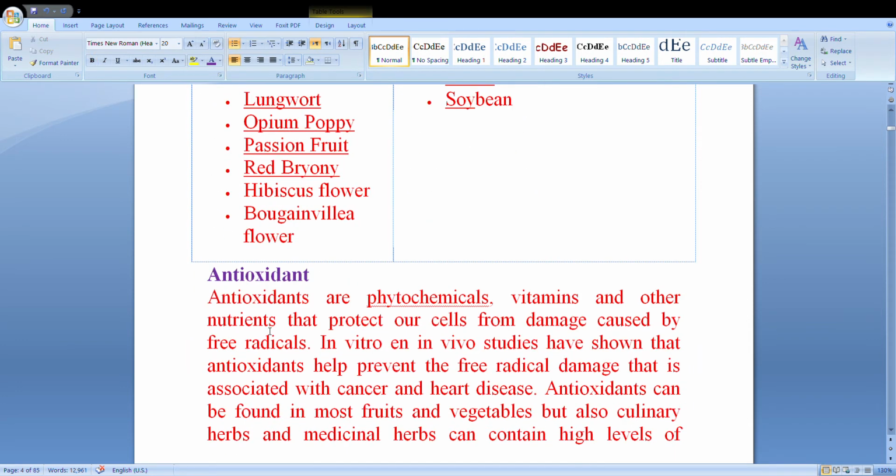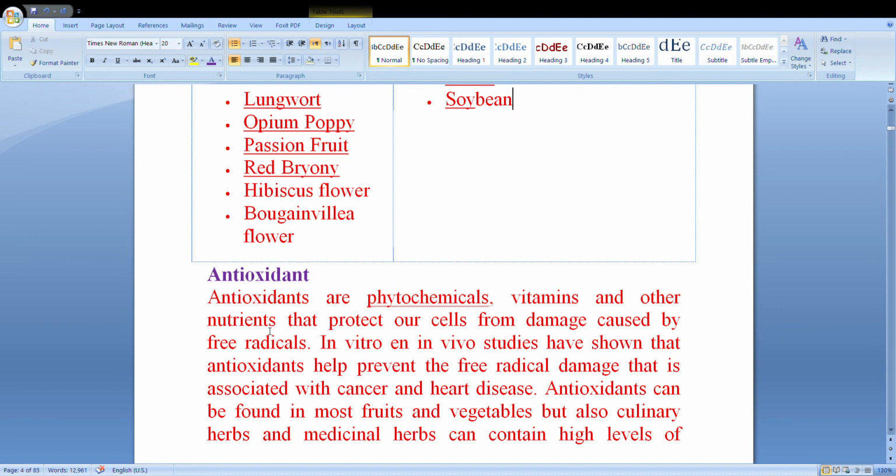So let's discuss antioxidant. What is antioxidant? Antioxidants are phytochemicals. Basically, they are phytochemicals from plant sources, vitamins and other nutrients that protect our cells from damage caused by free radicals.